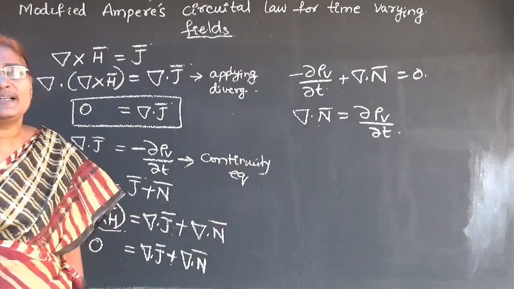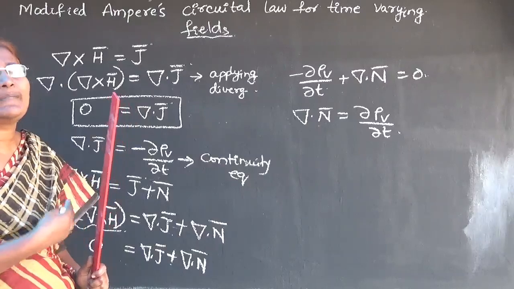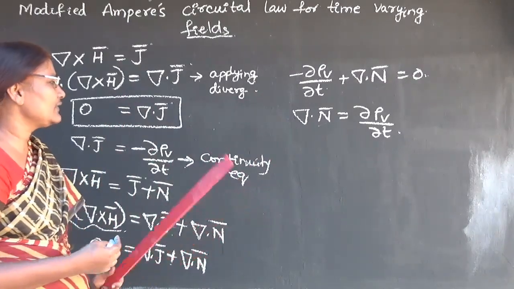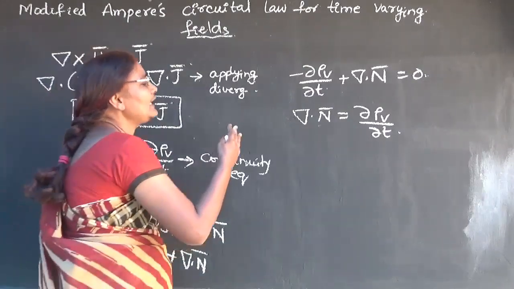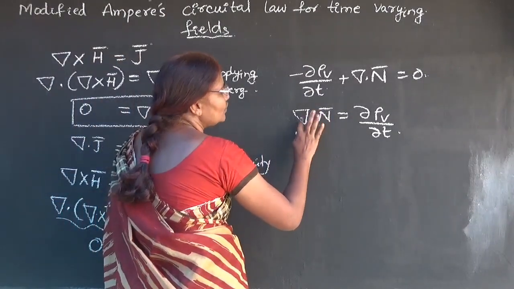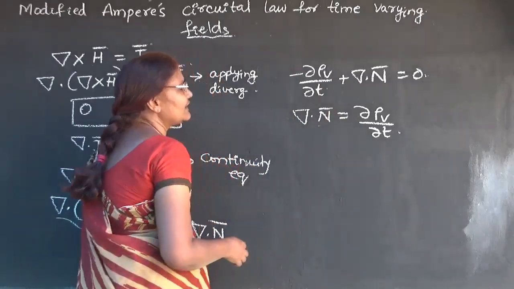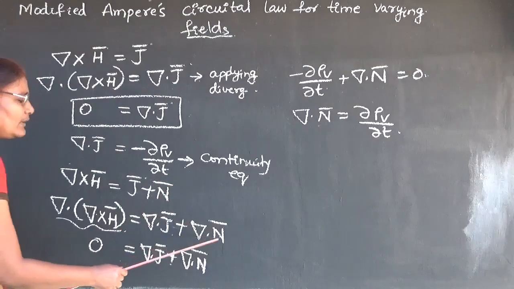We are just manipulating the equation, not deriving anything new. We are only changing the letters inside the equation. So we got del dot N bar as this.